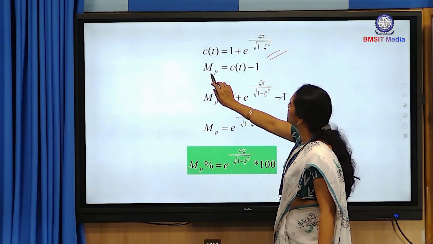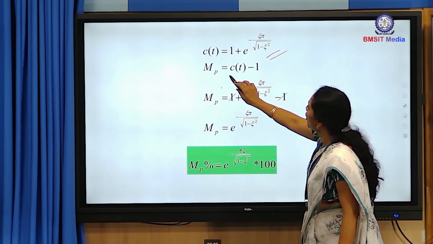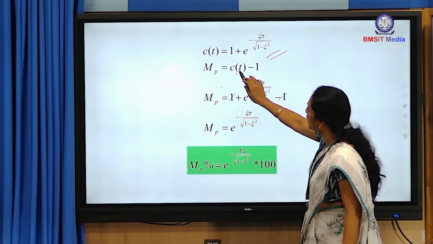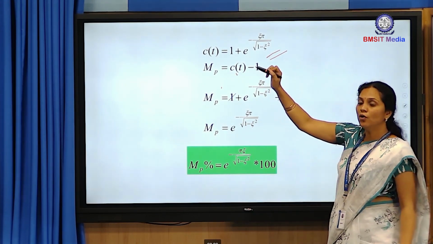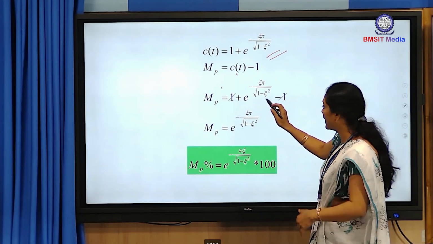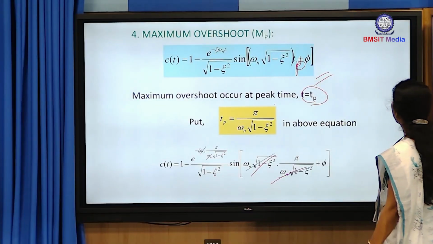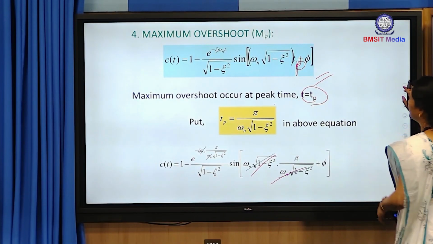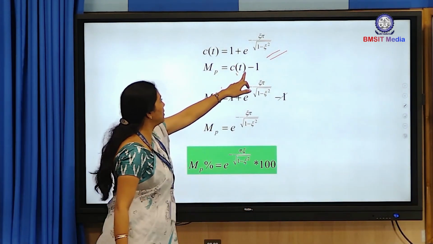So what is the maximum peak overshoot here? The maximum peak overshoot formula is this, or I can also call it C of t minus 1, because from the first one to the maximum peak overshoot, whatever the value I will be getting, according to the definition. What was the definition? At t equal to Tp, C of t minus 1.